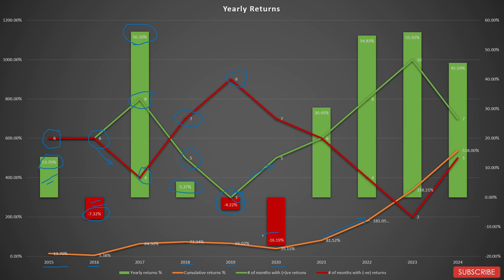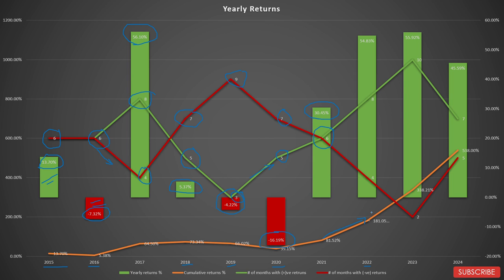So in 2020, this sector gave negative returns of minus 16.19%, with 7 months giving negative returns and 5 months giving positive returns. The situation improved dramatically in 2021, and the sector gave positive returns of 30.45%, with 6 positive and 6 negative months.